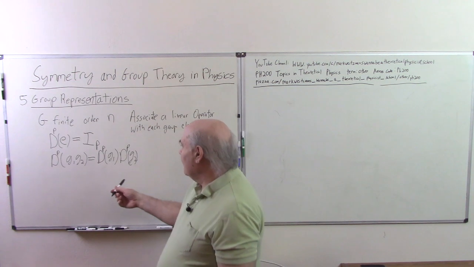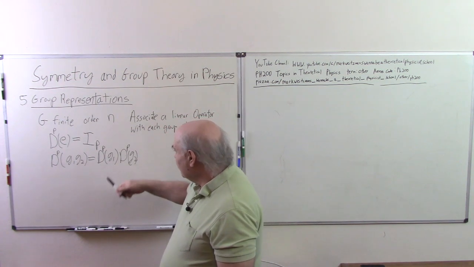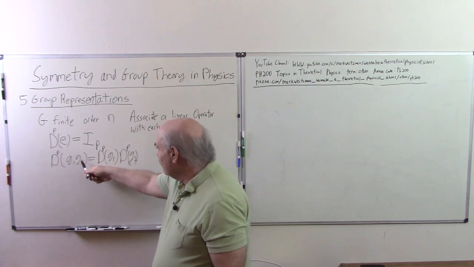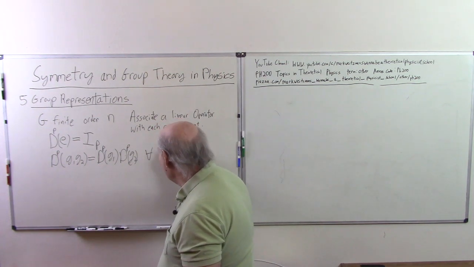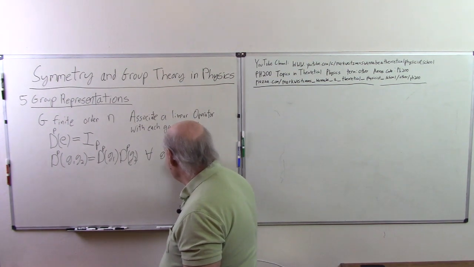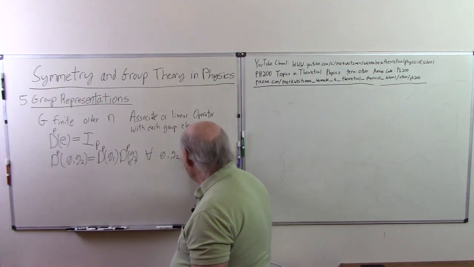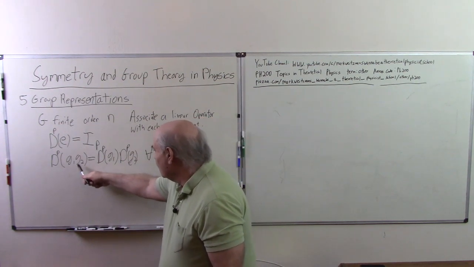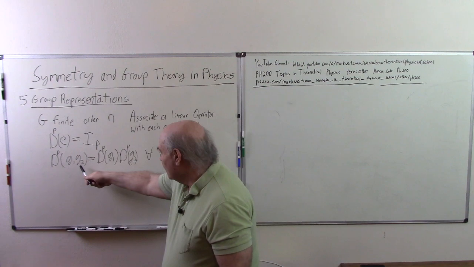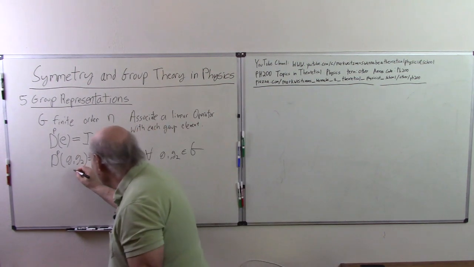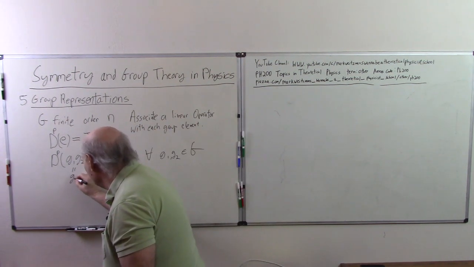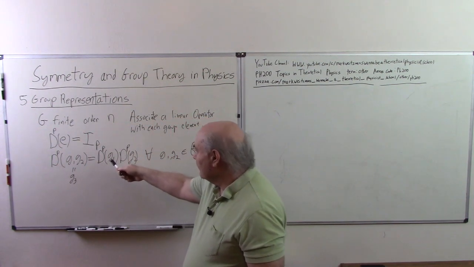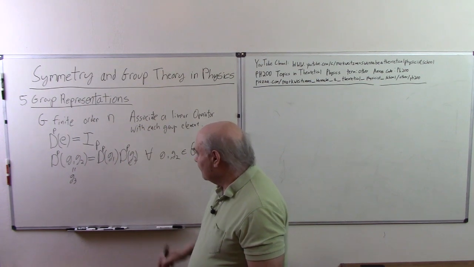So this basically says that the matrices represent the group in the sense that, for all G1, G2, and G, if you take a product of elements in the group like G1 G2, let's say that equals G3, another group element, then the matrix representing G3 is just the product of the matrices representing G1 and G2.